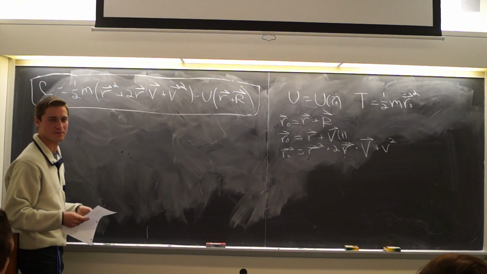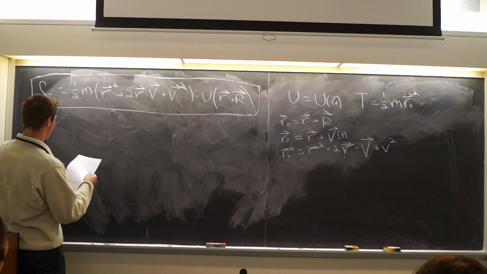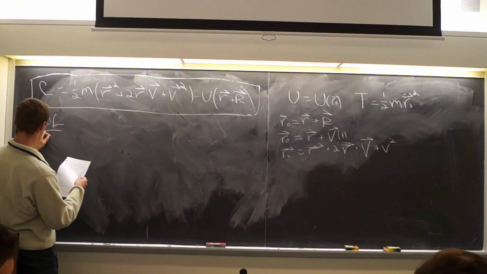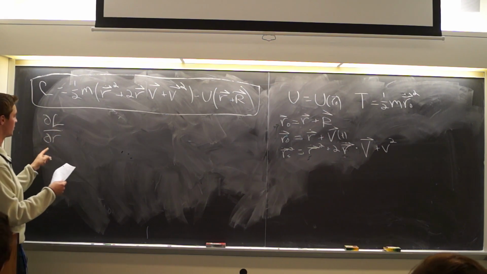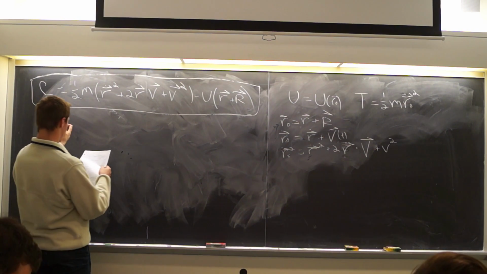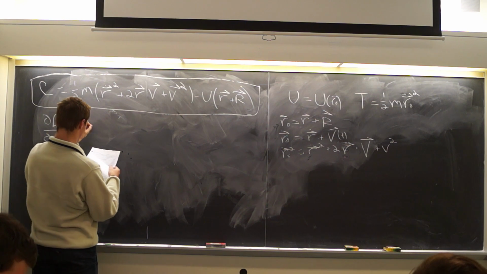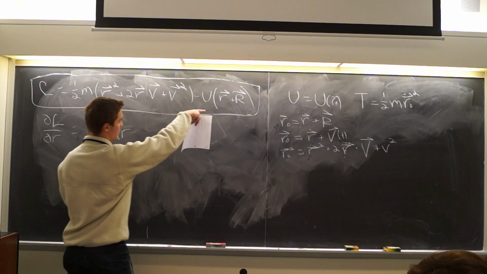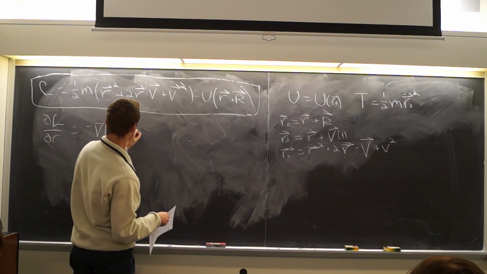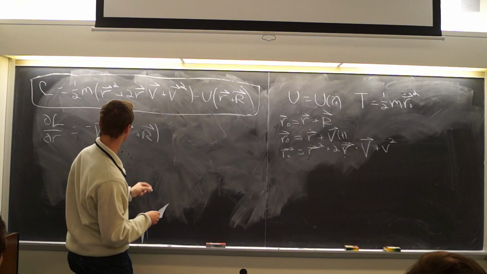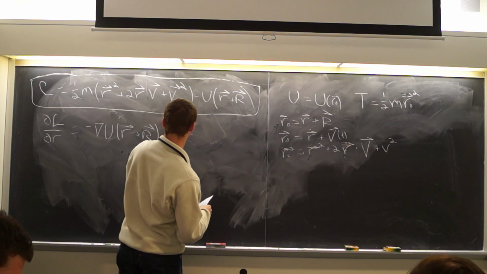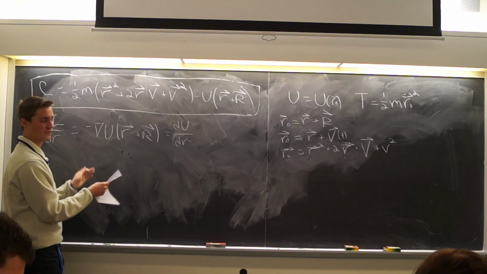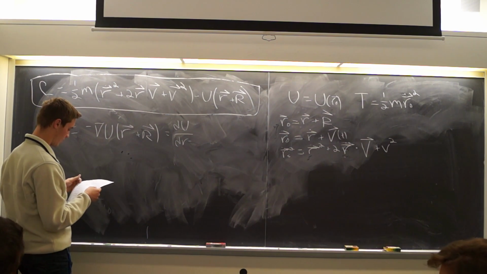From here we do what we've always done. The partial of the Lagrangian with respect to R is going to be the negative gradient of the potential, which is essentially the derivative of the potential with respect to R. The gradient just accounts for all the components in the x, y, z directions.